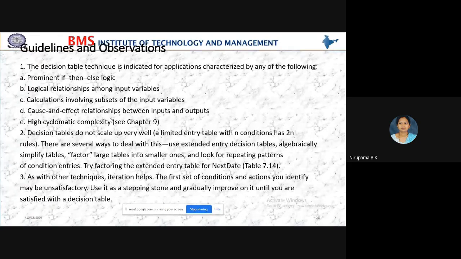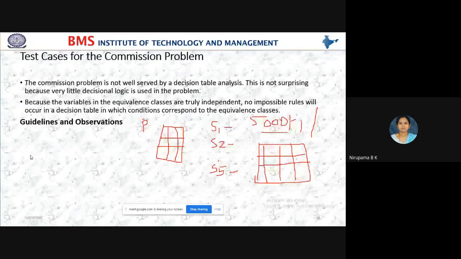What are the guidelines? Okay, don't see this slide. So tell me the general guidelines for a decision table.